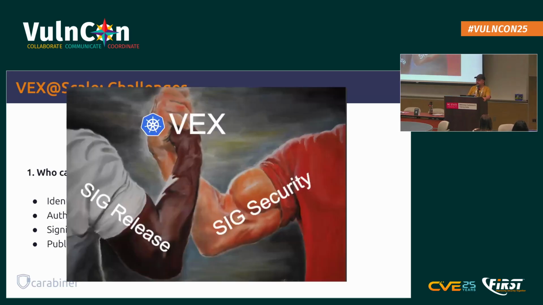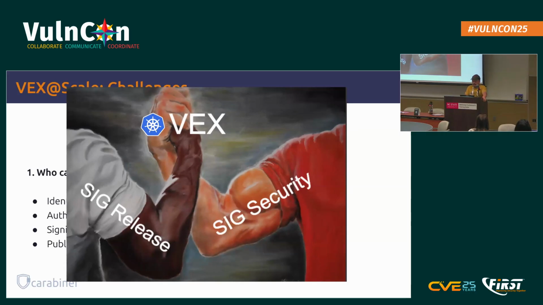The VEX effort is currently being coordinated between SIG Release, which is the group that I'm a part of. We build all of the supply chain security features of the Kubernetes release process, and also SIG Security, who care for the overall security of the project. And also the third secret partner here is the Security Response Committee, who issues the Kubernetes security advisories.